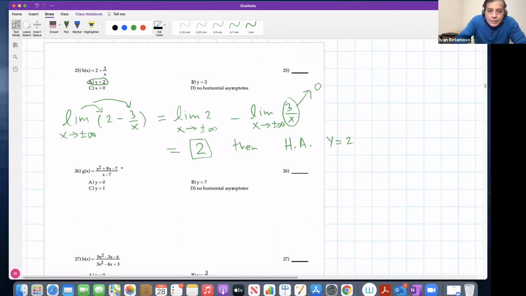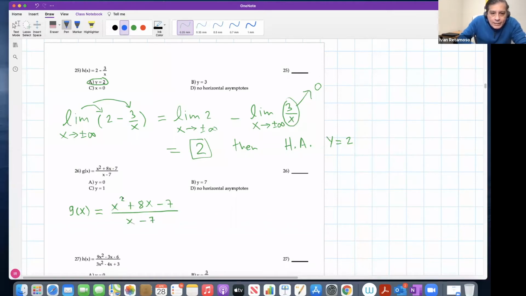Another one. They want you to find a horizontal asymptote here. Who can tell me in the chat what type of rational function this is? Is this equally heavy, top heavy, or bottom heavy, by looking at the degrees of the numerator and the denominator? So look at the degree here, 2, look at the degree here, 1.